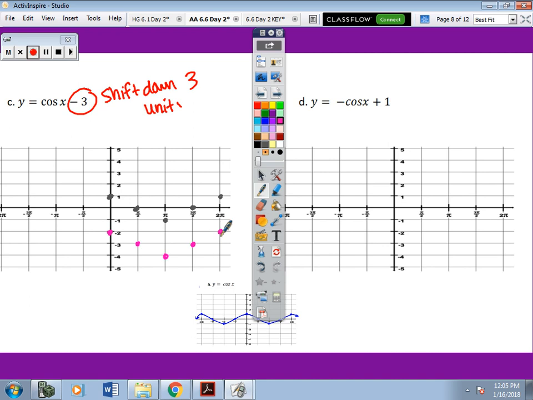That's it. Some of you that catch on a little bit more quickly will just be able to move the starting point down and then you know the pattern. So you just continue the pattern. But if you're not sure, always do the parent function first and then you can model from there.